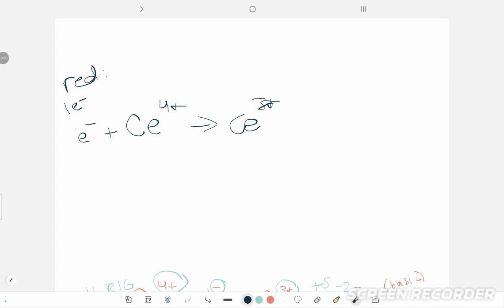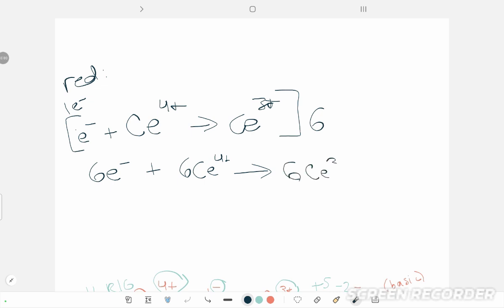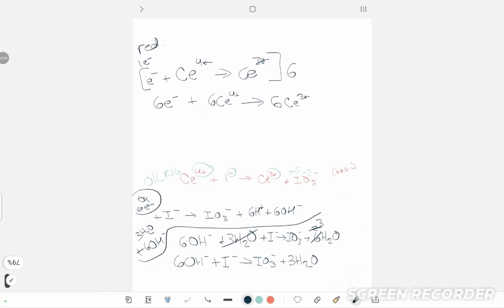So we're just going to multiply all of this by 6. So then you have 6e minus plus 6Ce4 plus, which went to 6Ce3 plus.